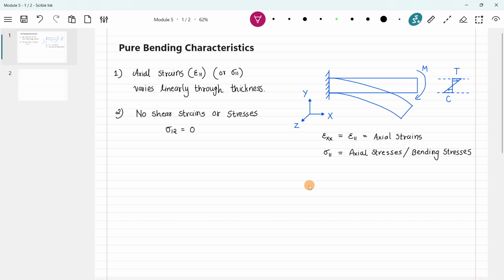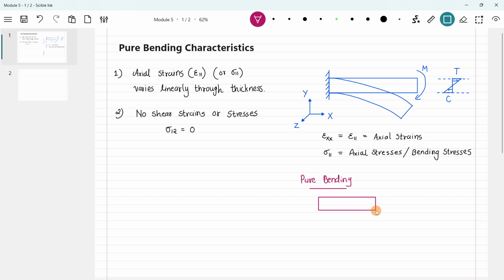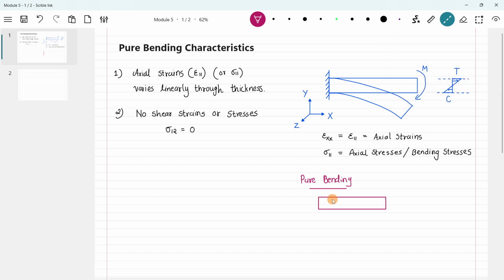Okay, let's try to understand this in pure bending. So this is our undeformed structure, and we can assume some lines here.